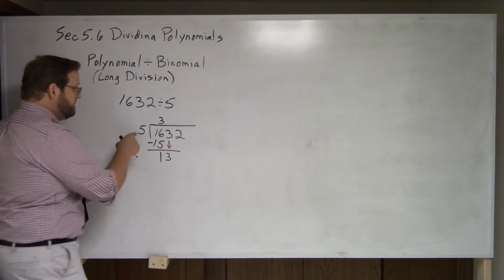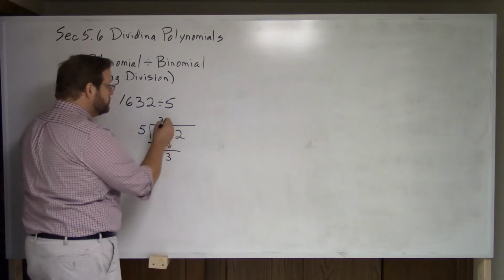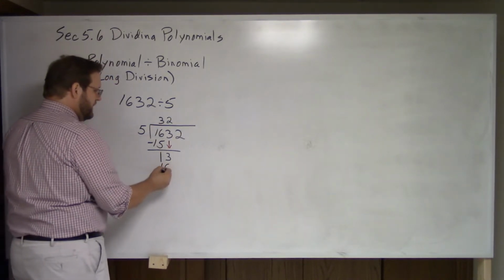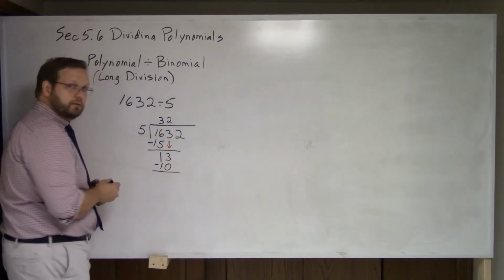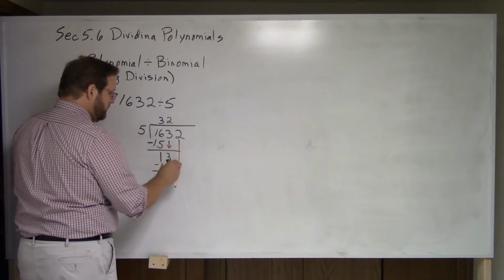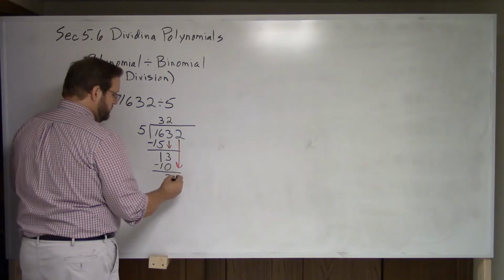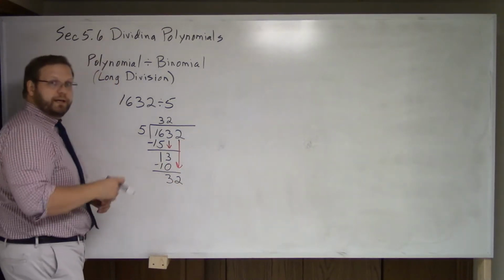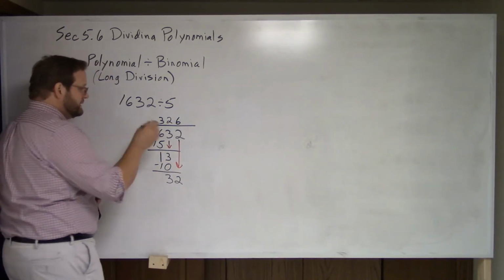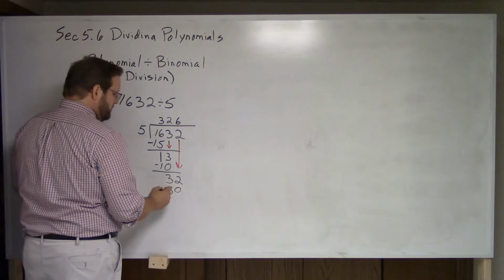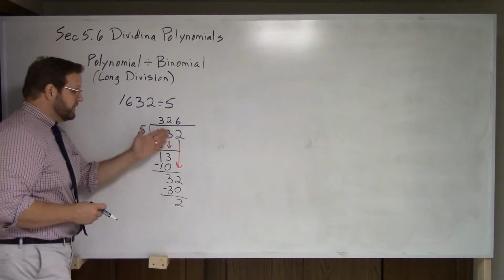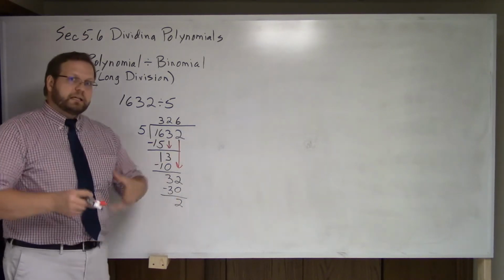Okay? 5 goes into 13 now, twice. 2 times 5 is 10, and I subtract. 13 minus 10 is 3. Carry down the 2. Do it again. 5 goes into 32, 6 times. 6 times 5 is 30. I subtract, I get a 2. Okay, now there's nothing else to carry down, so I'm technically done.